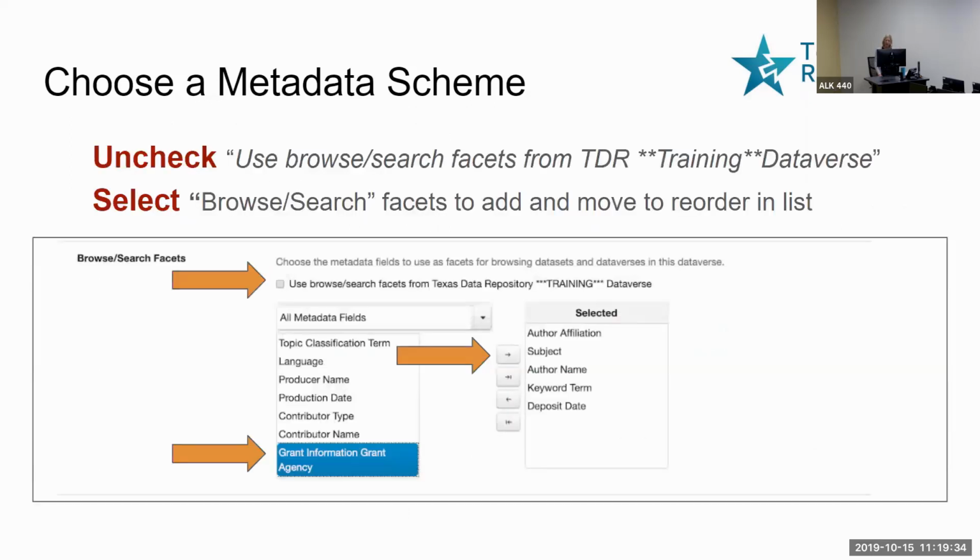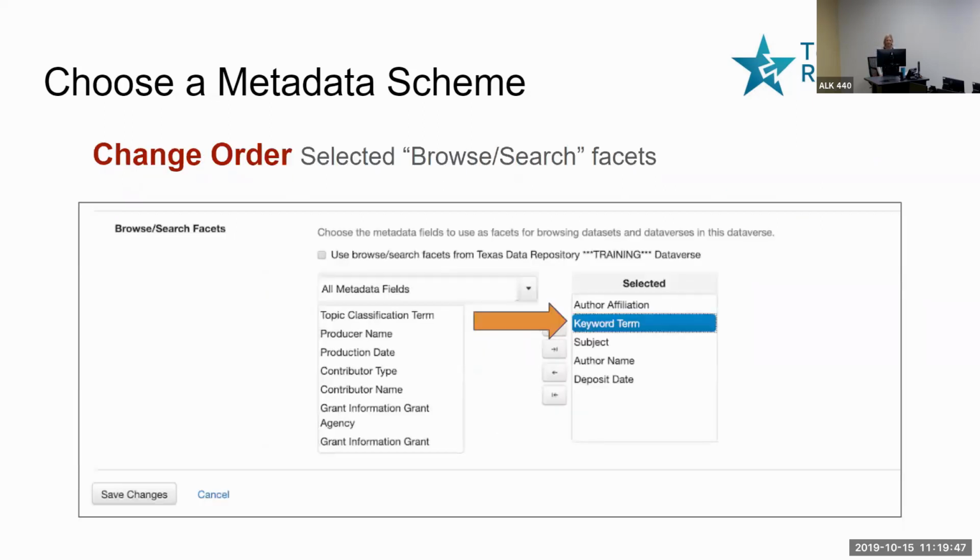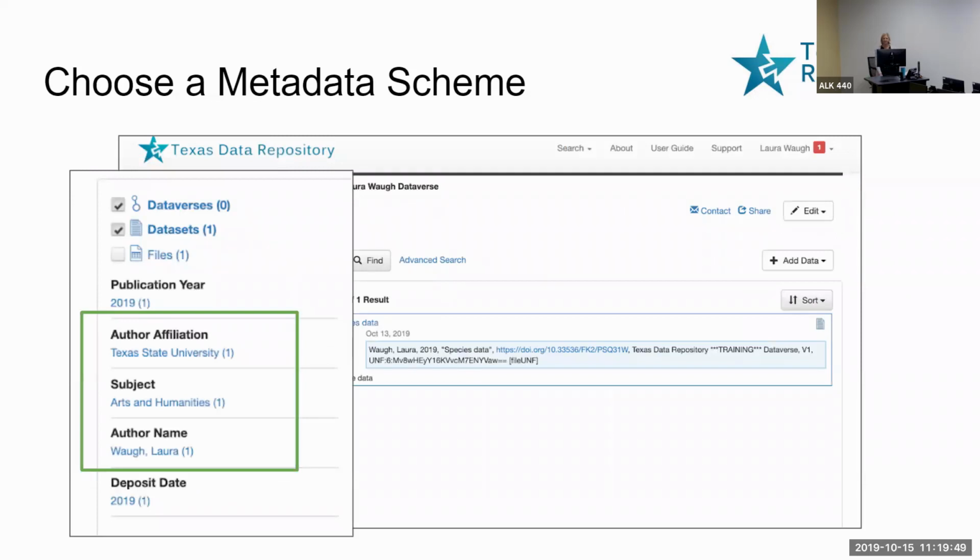And so below that, when you're creating a Dataverse, the next part is the browse and search facets. This is really handy. I was skipping ahead here. What this will show is actually the search facets that display on the right-hand side.